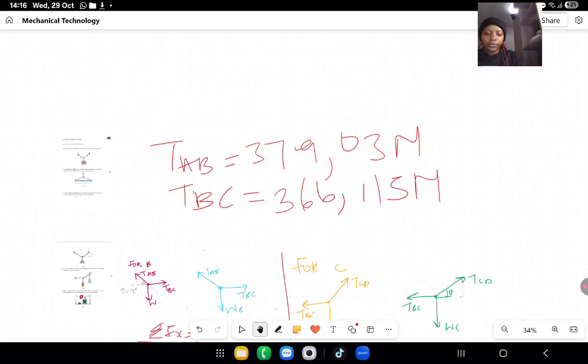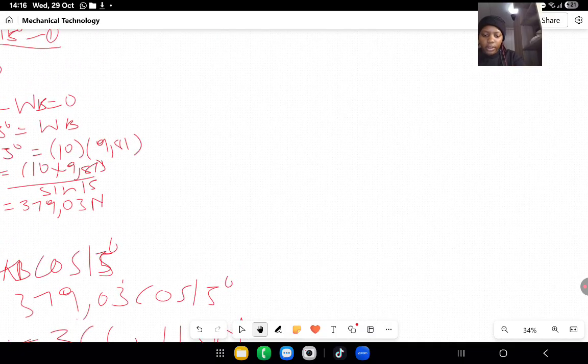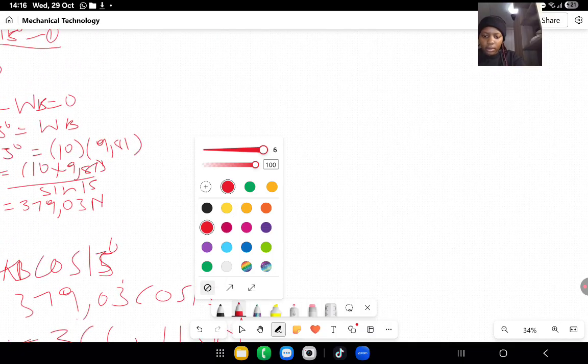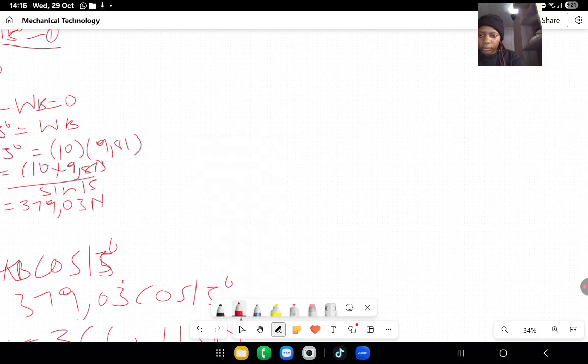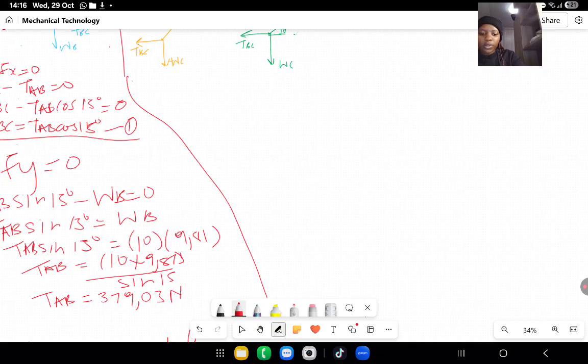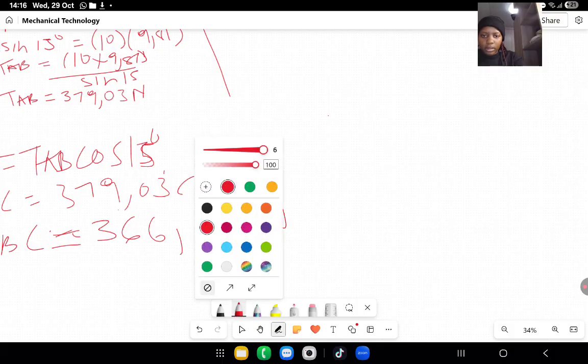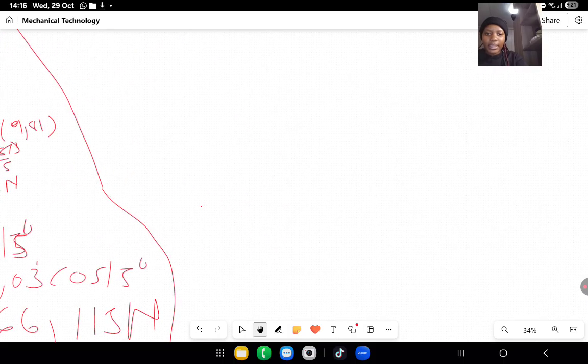So now we are going this side. I'll use the other color so that we can see, this is for B and this is for C. Okay, now we are coming this side.